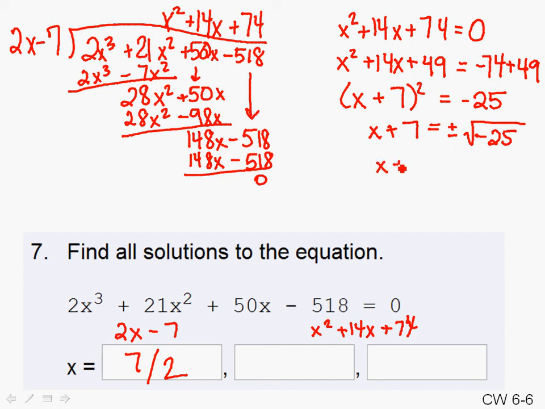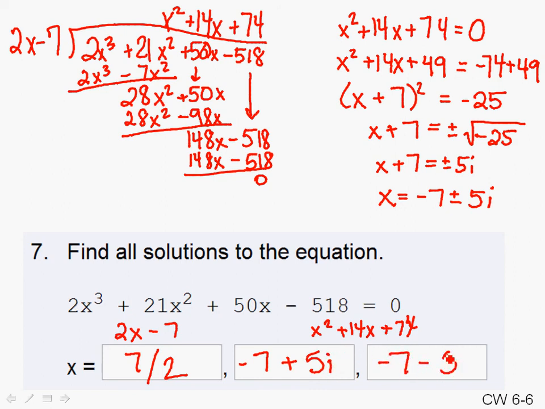So x plus 7 equals plus or minus 5i, which means that x equals negative 7 plus or minus 5i. So my other two solutions, my imaginary roots, are negative 7 plus 5i and negative 7 minus 5i. So the final answer is 7 over 2, or 3.5, negative 7 plus 5i, and negative 7 minus 5i.